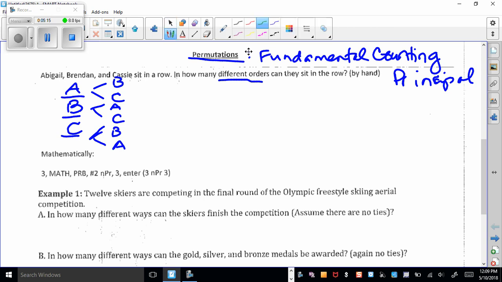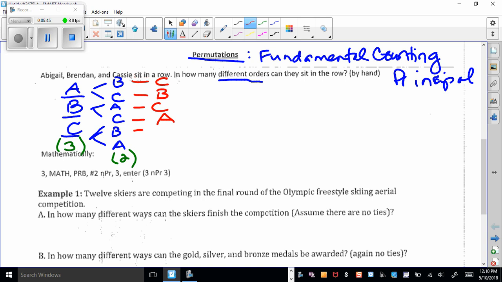So I first had 3 choices, 3 people to choose from. And then once someone's sitting down, I had 2 choices. And then I really only have 1 choice, because if Abigail's in a chair and Brendan's in a chair, then Cassie has to be in the 3rd chair. And if you have Abigail, Cassie, then this has to be Brendan. Brendan, Abigail, this has to be Cassie. Brendan, Cassie, this has to be Abigail.